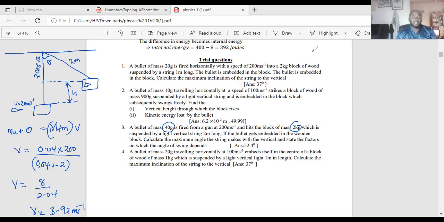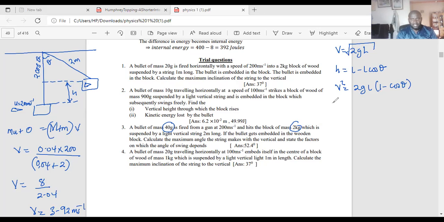So they're asking us to find the angle. But remember, we saw that the velocity gives us the square root of 2gh from energy conservation, and h is equal to L minus L cosine of theta. So v squared will actually be equal to 2gL into 1 minus cosine of theta.